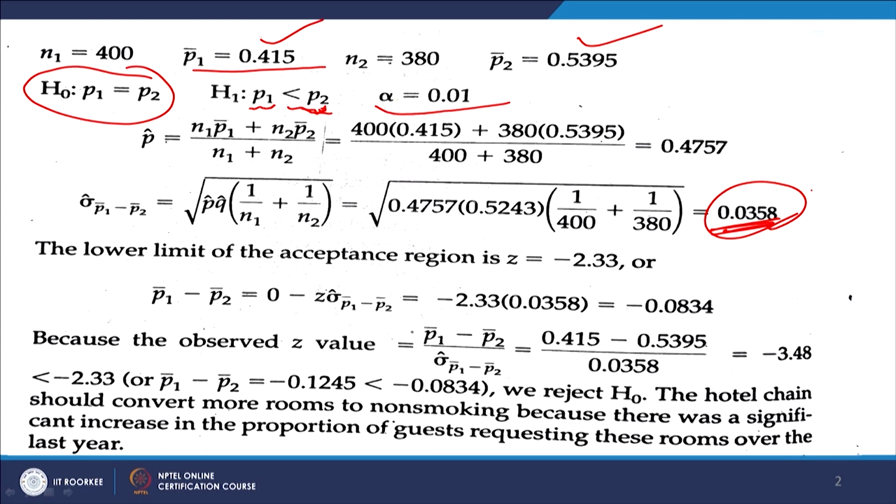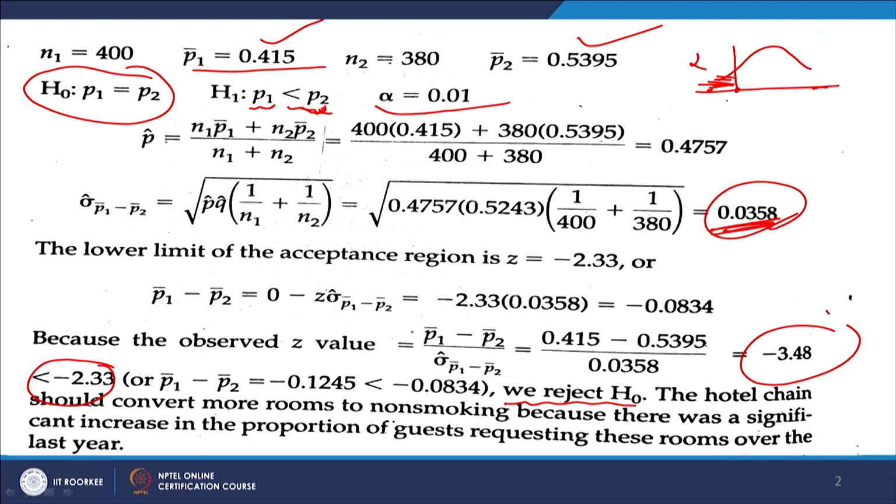Now, since this is a left tail test, this is your rejection region alpha. The z value in the table is minus 2.33, and the calculated z value is minus 3.48.